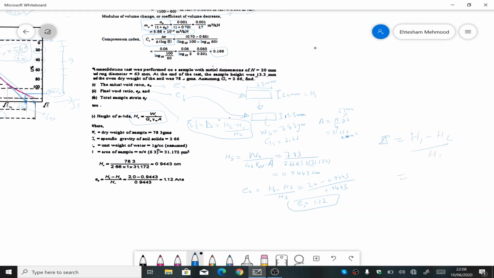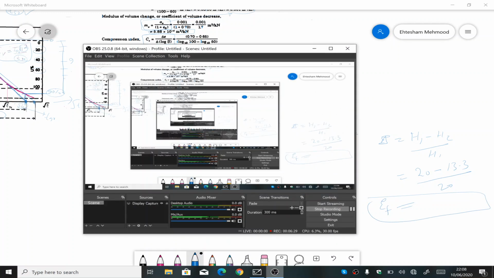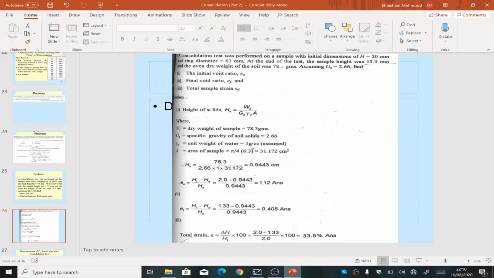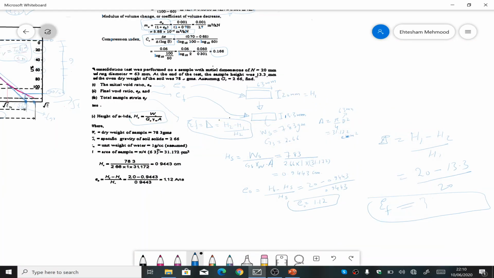So H1 is 20 millimeter minus 13.3 over 20. So this is the strain, and we can find its value from here. It is coming to be 33.5%.